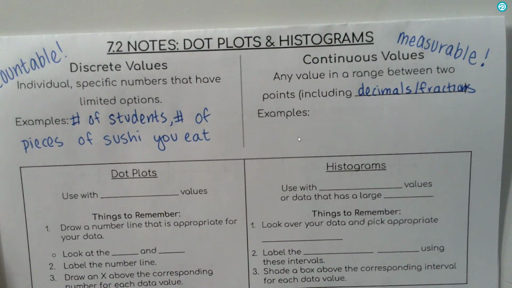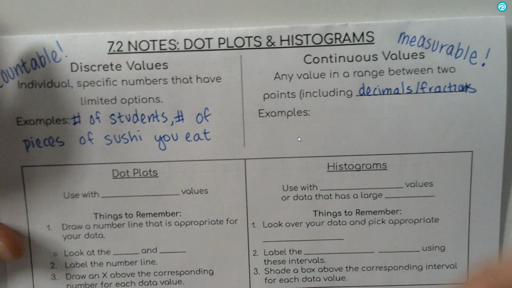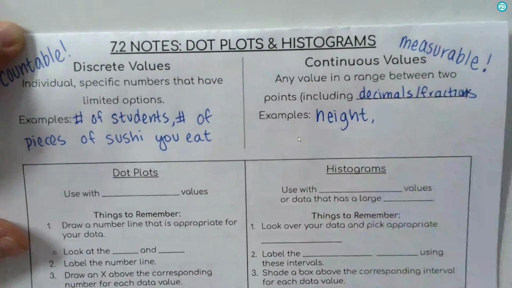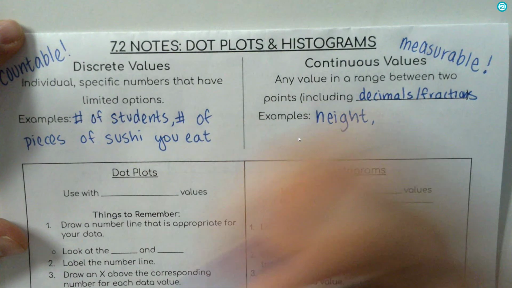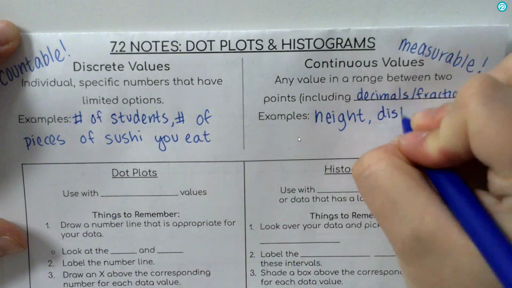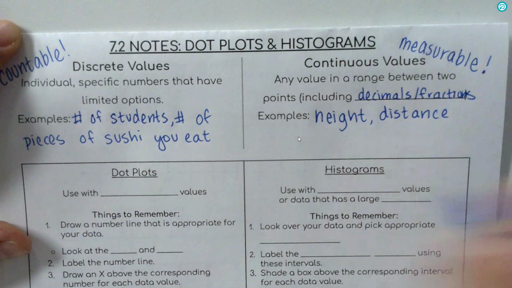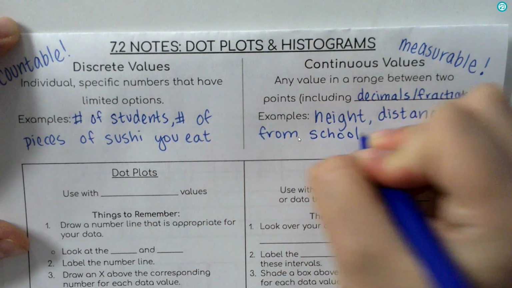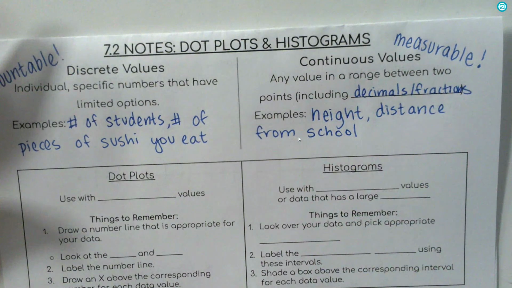So some examples of continuous values. Your height. The distance you live from the school. What else? What's something else that you could measure?